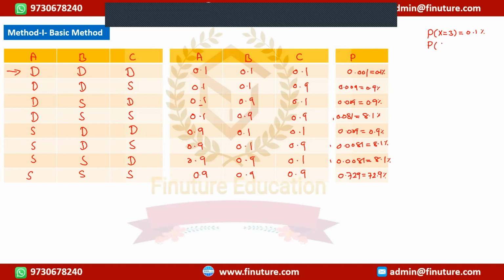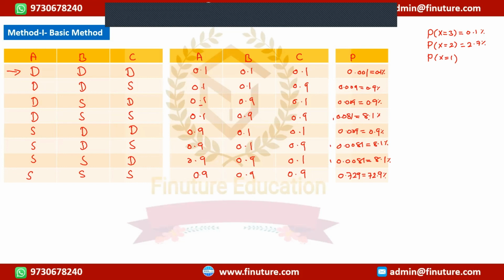Probability that your 2 bonds default. So 2 bonds default, as in we have to consider this probability 0.9, 0.9, 0.9. That would be 2.7%. And probability that your 1 bond defaults and 2 survive.